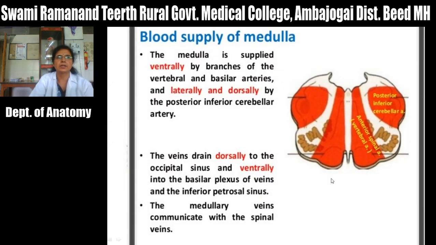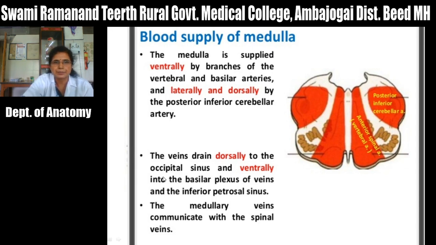Now we will see the blood supply of the medulla. The medulla is supplied mainly by two arteries. The medial part, or median region, is supplied by the anterior spinal artery, which is a branch of the vertebral artery, and its posterolateral part is supplied by the posterior inferior cerebellar artery, which is again a branch of the vertebral artery.